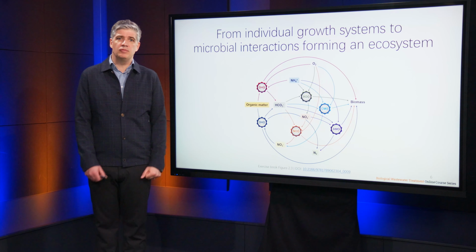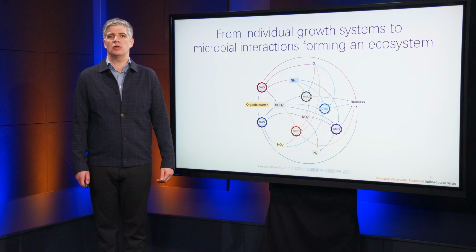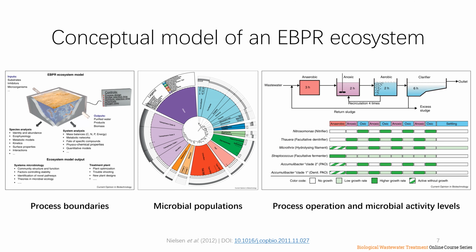This exercise gave you some first insight in the development of conceptual models of a BNR ecosystem. Another illustration is given here by Per Halkier Nielsen and colleagues on the development and use of a conceptual ecosystem model to predict the performance of EBPR.